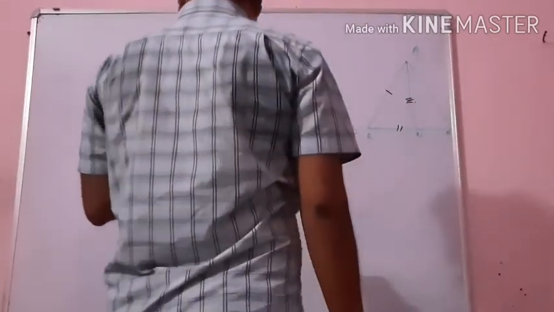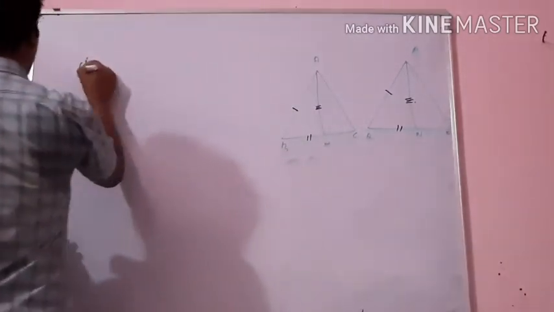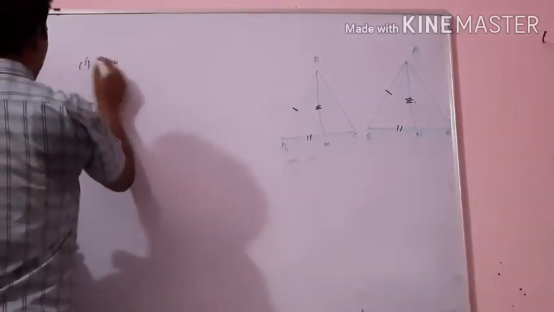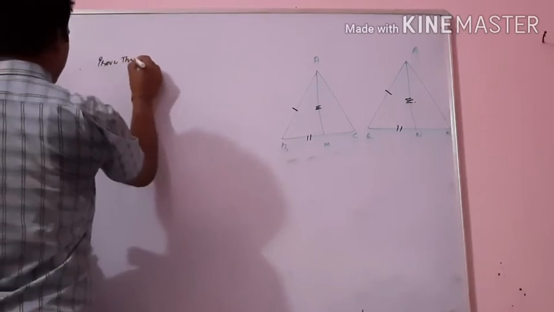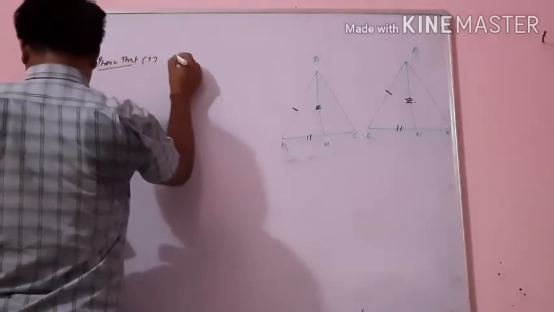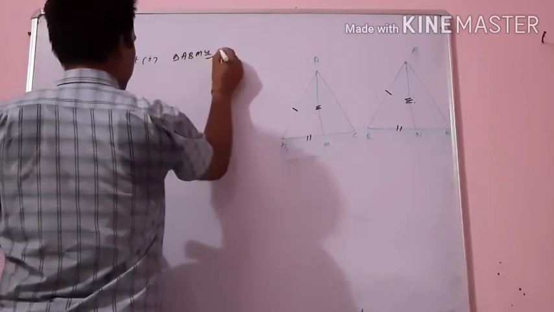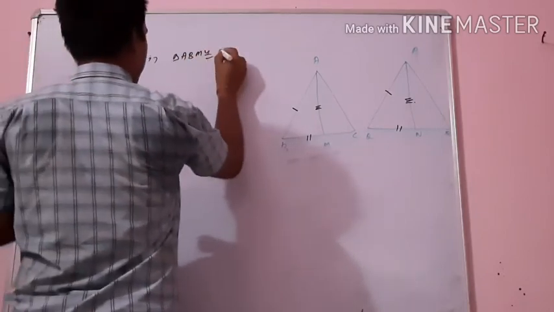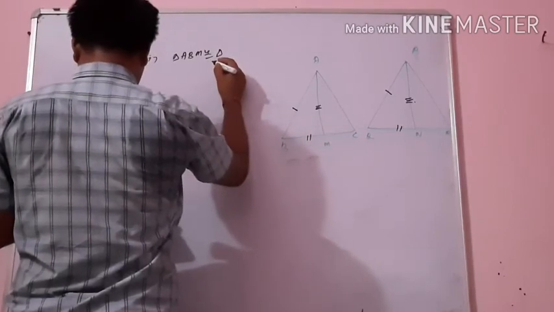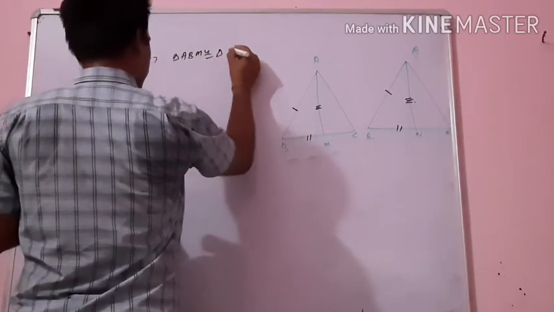Of triangle PQR, what we have to prove? First we have to prove that triangle ABM is congruent to triangle PQN.